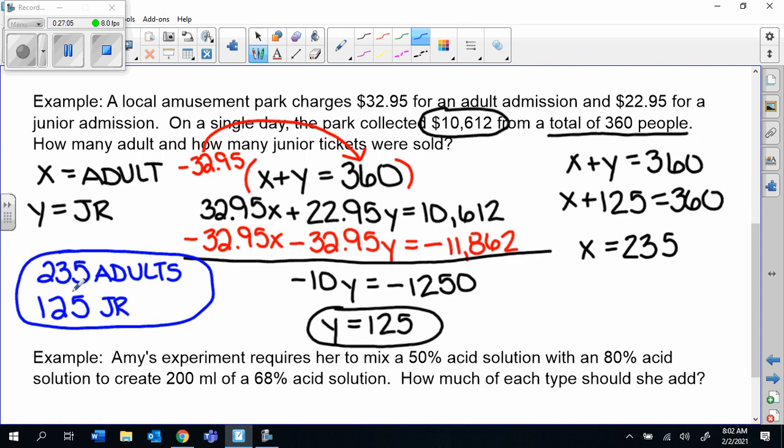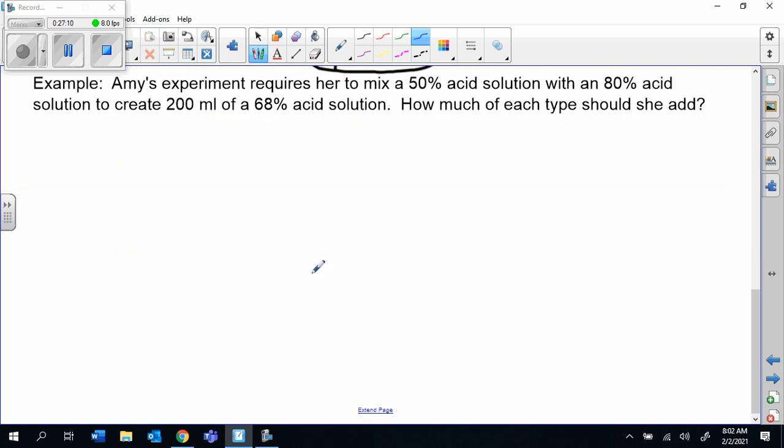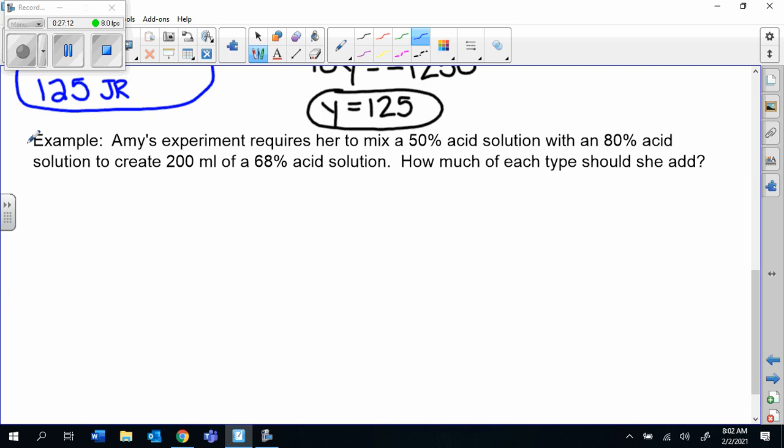Here's another mixture one. This is similar to the pistachio one. So we do have to kind of figure out a total. Amy's experiment required her to mix a 50% acid with an 80% acid to create 200 milliliters of a 68% acid solution.